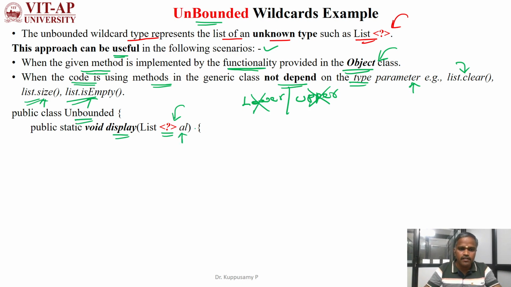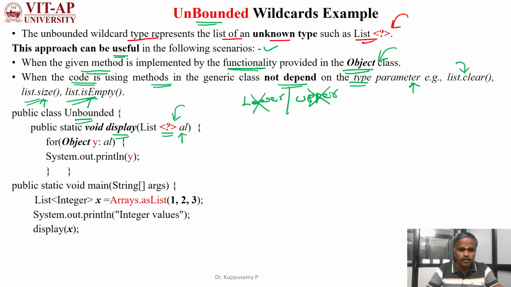So here we are receiving the data from the method invocation. The method invocation is passing x, which is now integer data type, carrying 1, 2, 3. These values are passed by calling the method display.